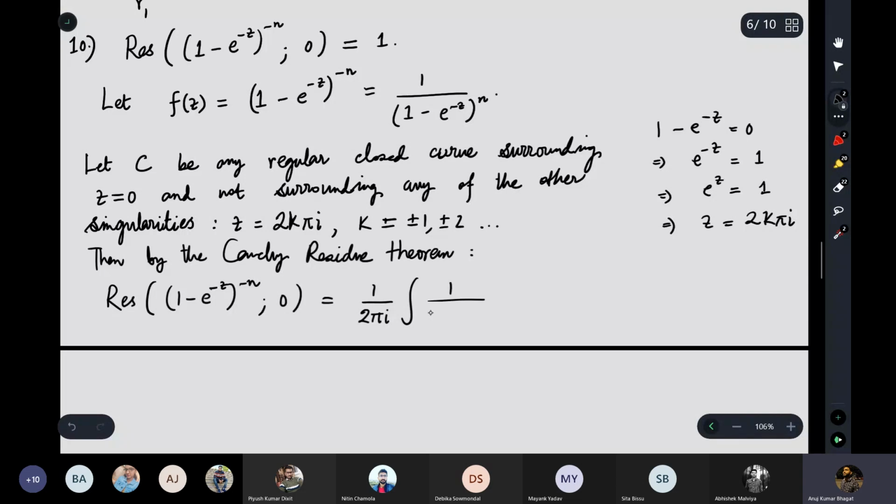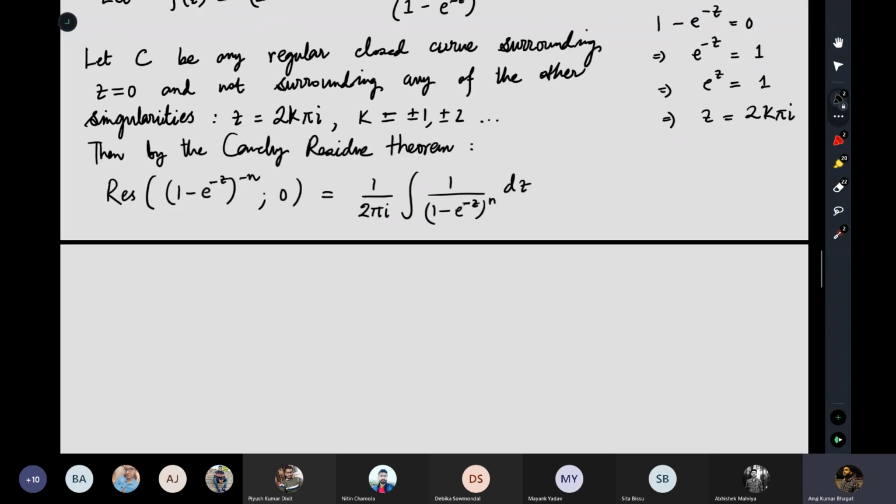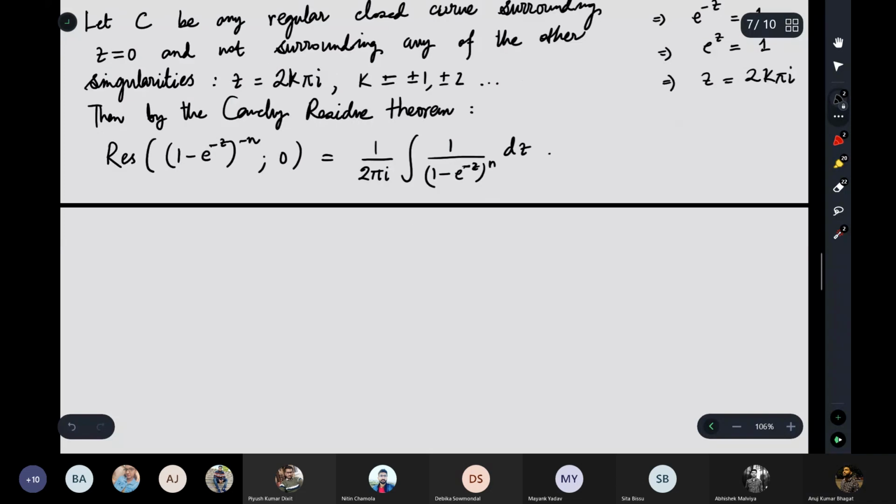So function is this only. I'll write whole to the power n this time, dz. So evaluating this residue is same as evaluating this integral. Both are same. So we'll now focus on evaluating this integral.